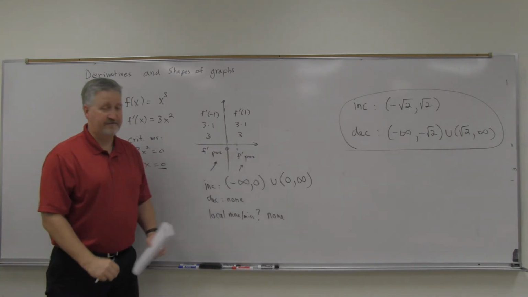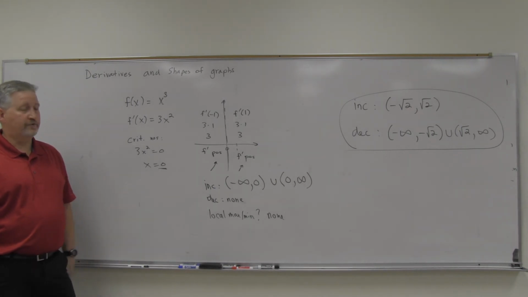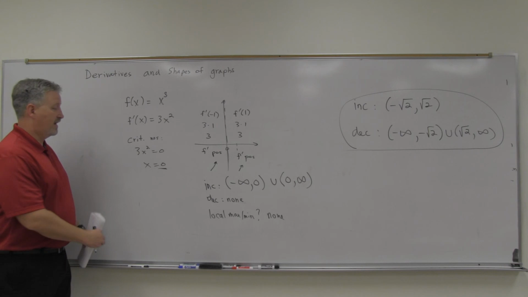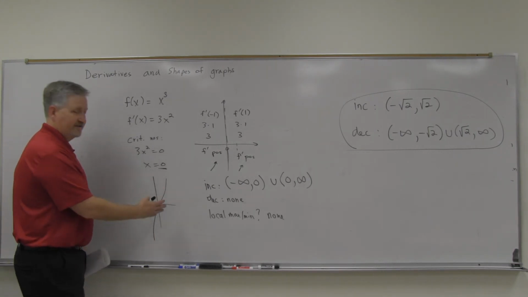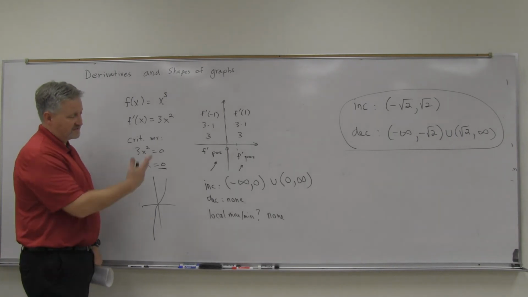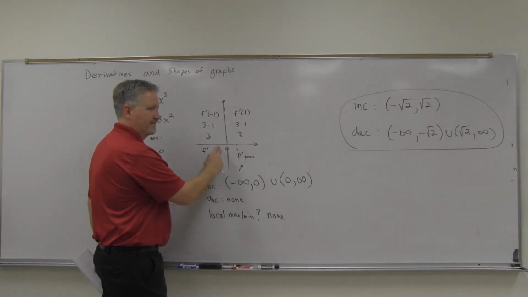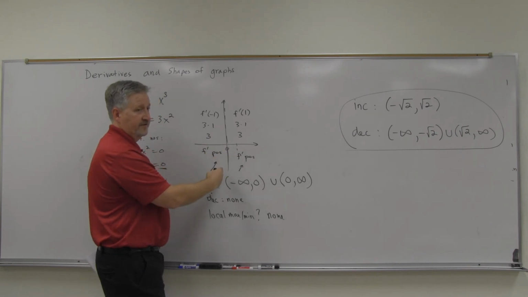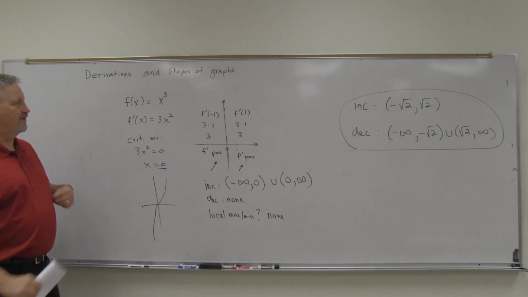Here we go from positive to positive. There's no change in the derivative, so no local maxes and mins, which, obviously, if you look at the graph of x cubed, there's not a local max or min on there. So that bears that out too. But I wanted to show you it doesn't always change at a critical number. So you can't assume that it alternates.